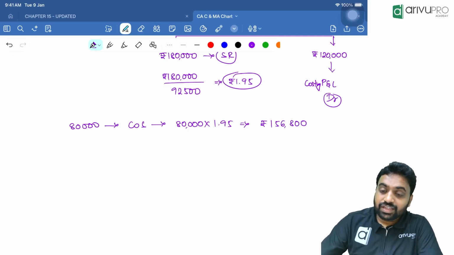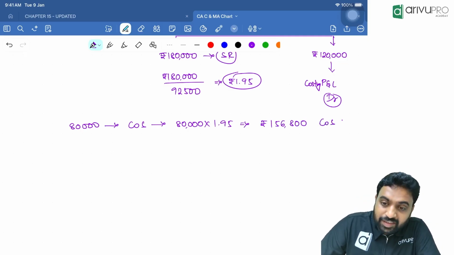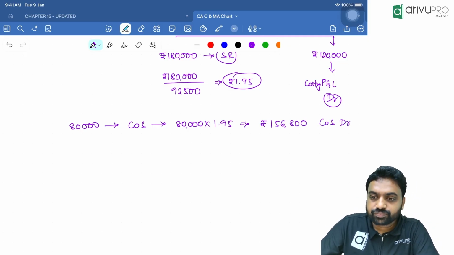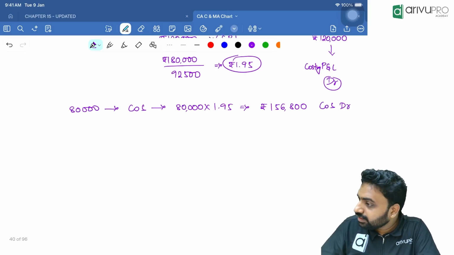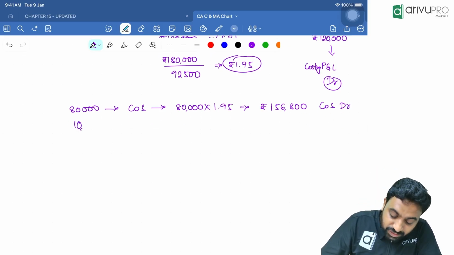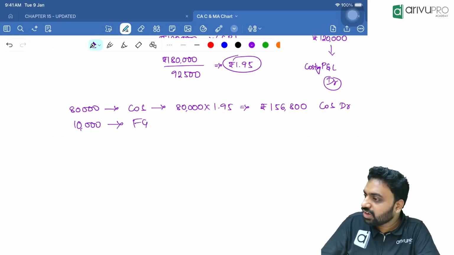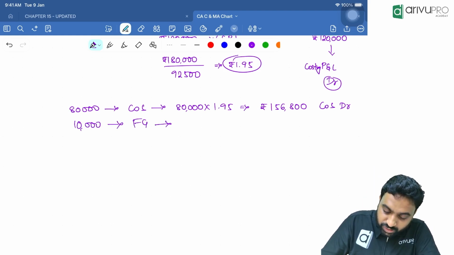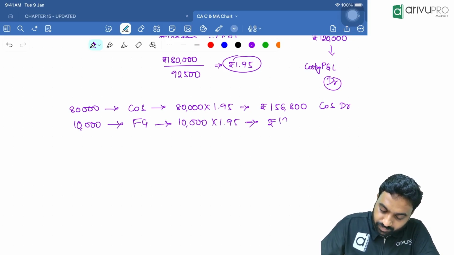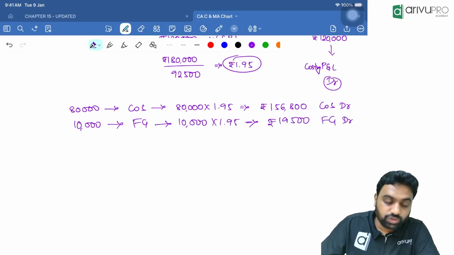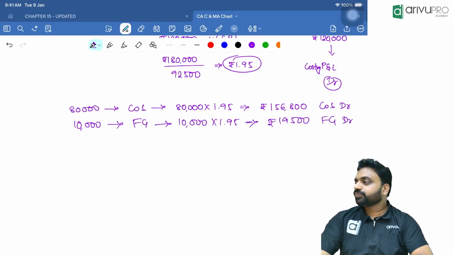Your COS account is to be debited with this portion. Rounding off, for the time being, ignore it. Done. Next, 10,000 is there in the finished goods account, closing stock of finished goods. So you charge to these things, that is, the finished goods account will be debited in this case.